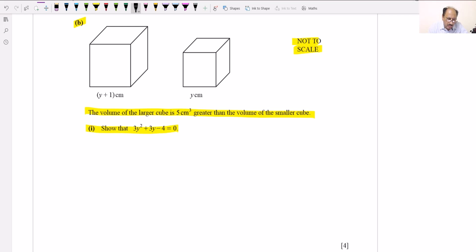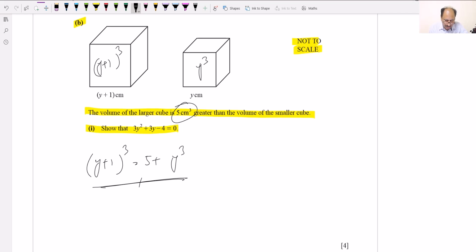By the condition of the question, the volume of the large cube will be (y plus 1) cubed and the small one will be y cubed. So (y plus 1) cubed will be equal to y cubed plus the 5 centimeter difference, so we will add 5 on this side so that these two can be written equal.